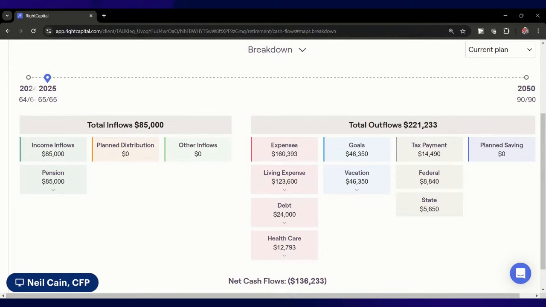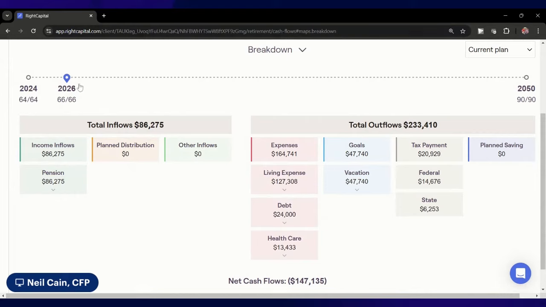We want to make sure we can withdraw 136,000 without affecting their retirement portfolio if the economy suffers and the stock portion of their account suffers. So we've got 136 that we're going to use. In 2026, the withdrawal is going to be even a bit larger because there's a bit more state and federal taxes that are owed in this situation because of the tax sunset. So in this case, we've got 147.